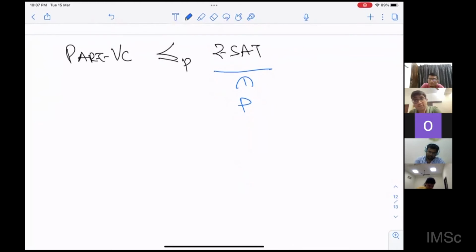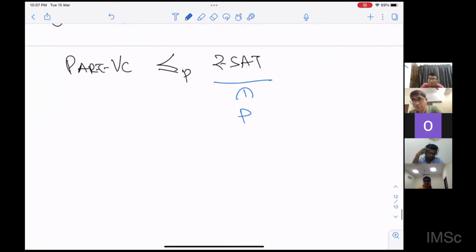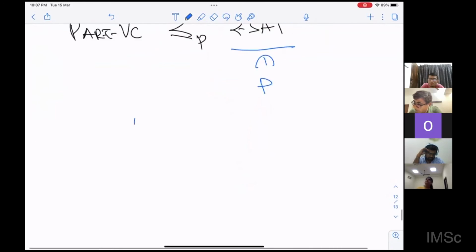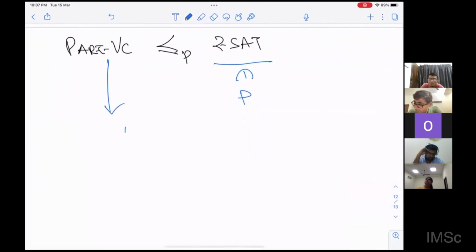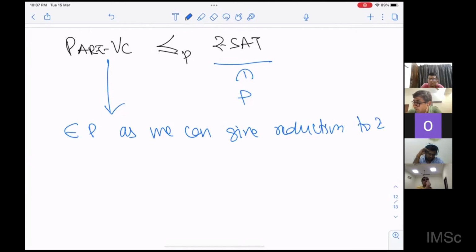Reduction is not only useful to show NP completeness. Reduction could also be used to show a problem is polytime. So what did we show? Partition vertex cover is in P as we can give a reduction to TwoSet.